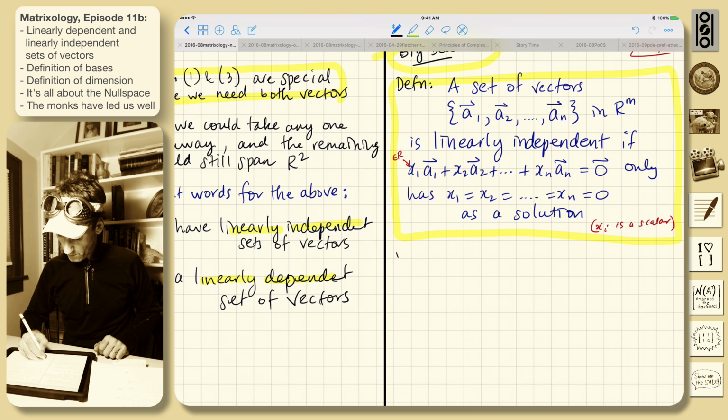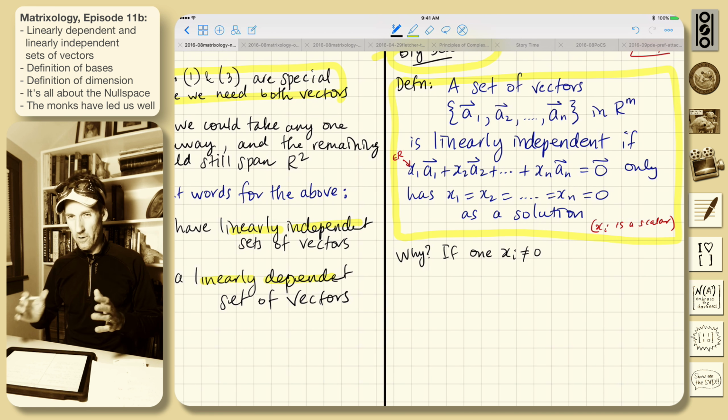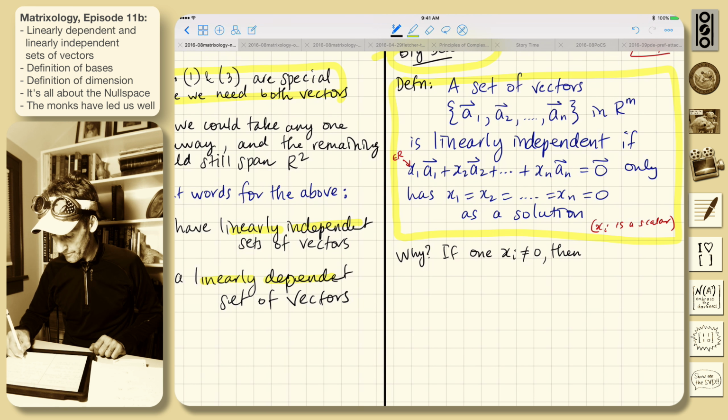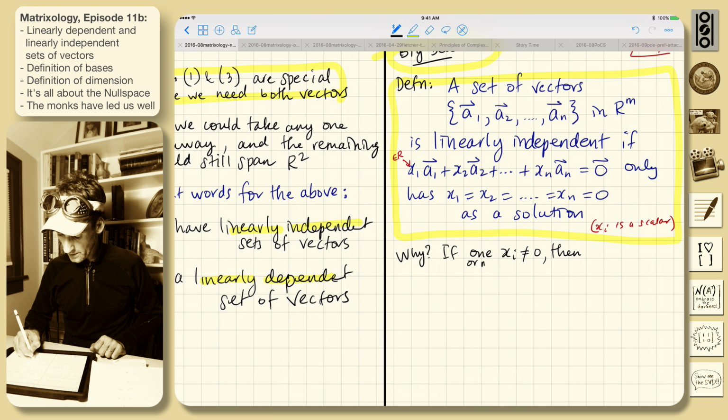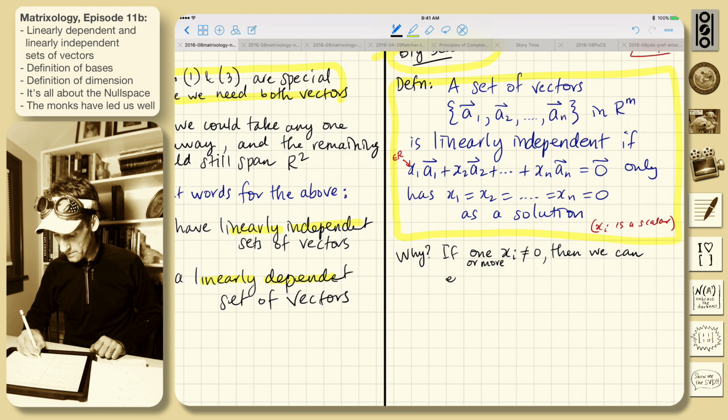And then the story is that if one or more xi is not equal to 0, then we can express one vector in terms of the others.